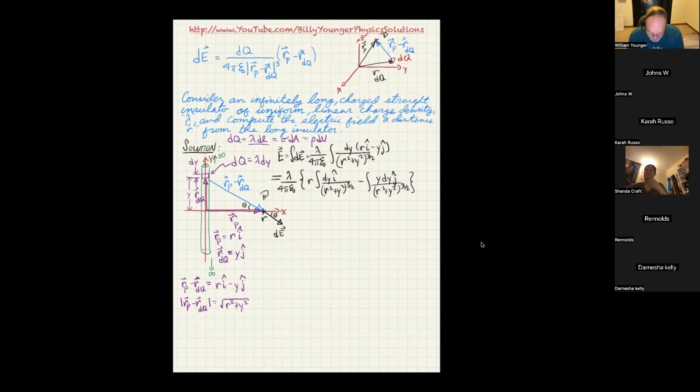Do y'all see that? Do you see if I go further up to higher and higher values of y, I still get an x component that points to the right. And if I even go below the origin with y pointing downward, I still get an x component of dE pointing to the right.